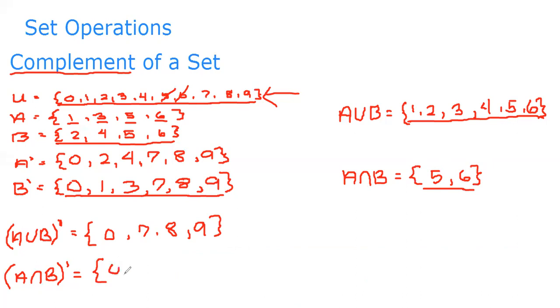Then we have 0, 1, 2, 3, 4, then 7, 8, and 9. Si 5 and 6, di na natin susulat sila kasi we're going to find the complement. Okay. So, this will be the A intersect B complement.